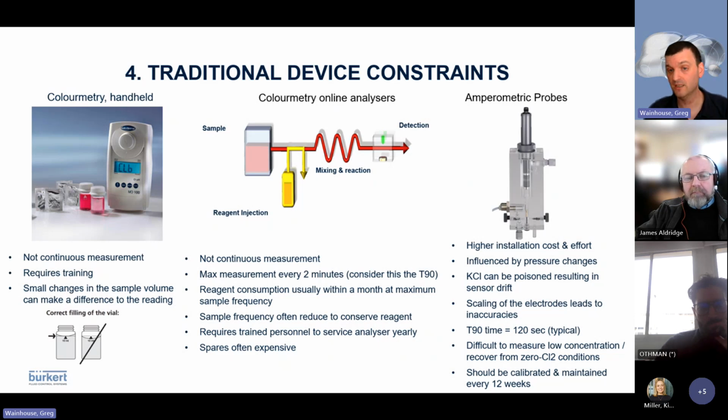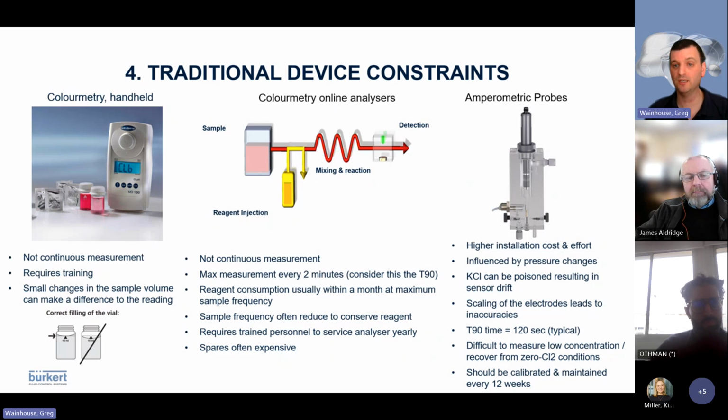So quite often, operators will regularly inject a known concentration of chlorine to try to prevent and detect the polarization issues. But of course, if you're going to automate that regular injection, that's more capital expenditure. So this is where some of the higher installation cost also comes from.